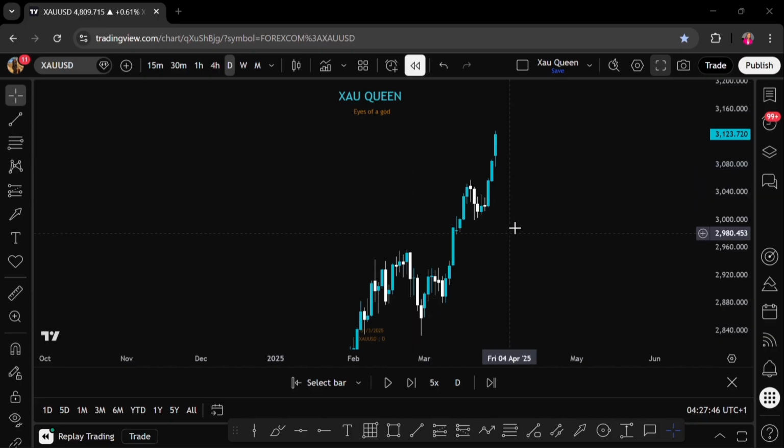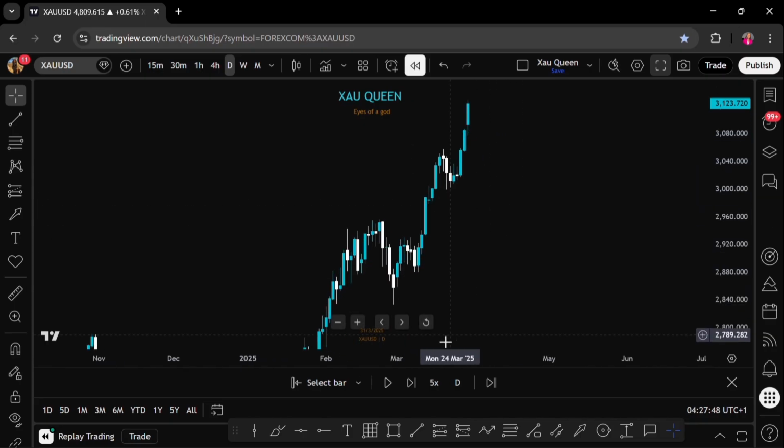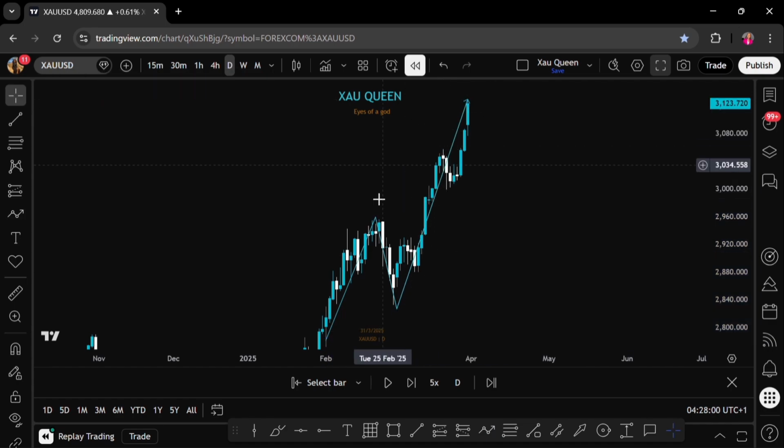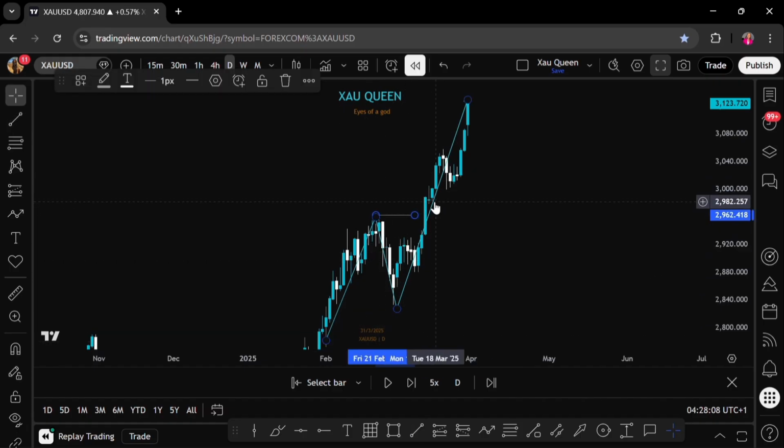As you can see here, we are on the daily time frame, and you remember our structure: from low, it creates a high, it pulls back, and then it creates another high. So this right here is our structure. This is where we got a break of structure.